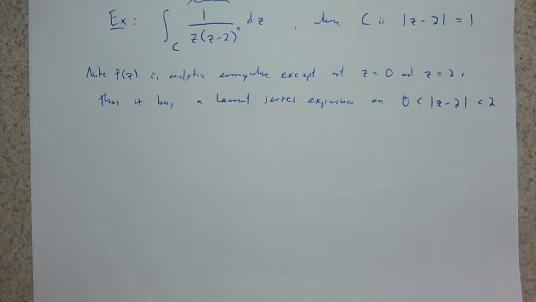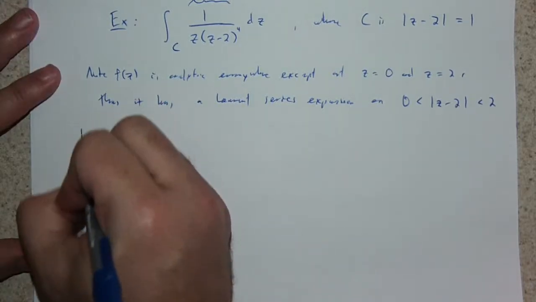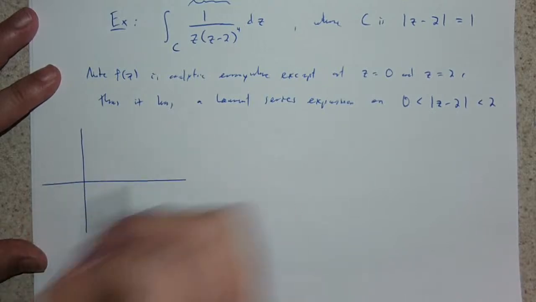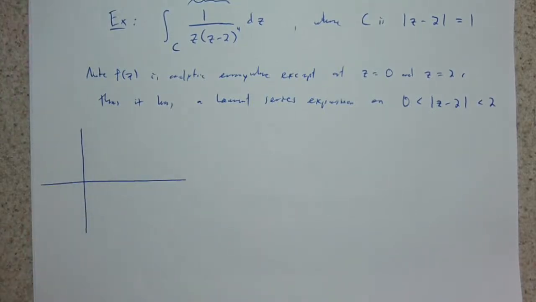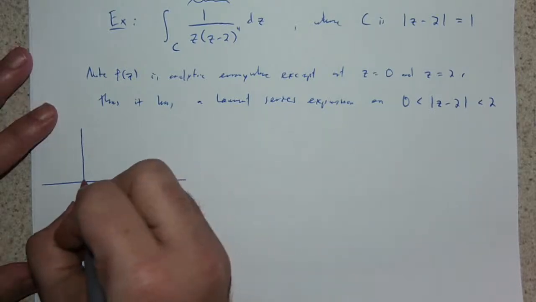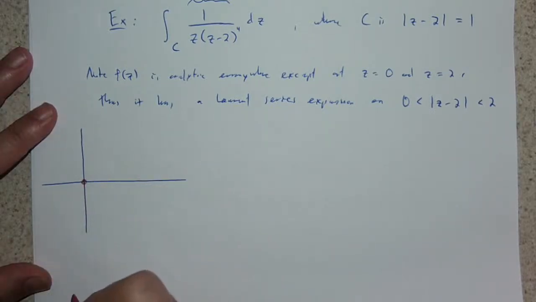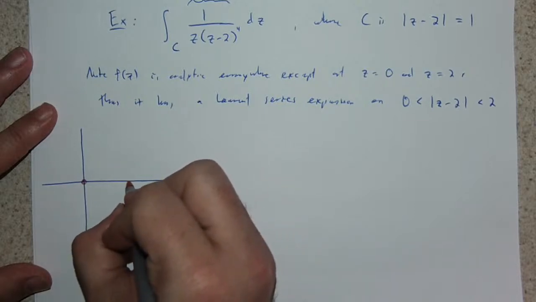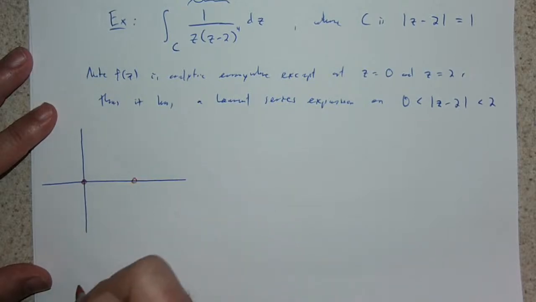So then what does our picture look like? Here's my plane. My singular points are here, and here's at 2, we'll say.